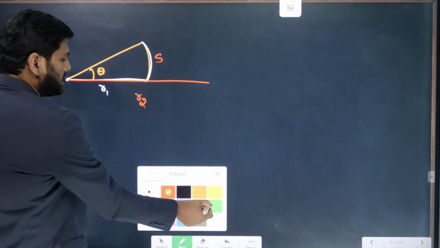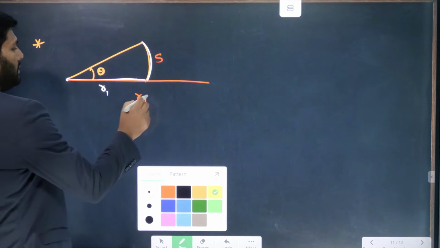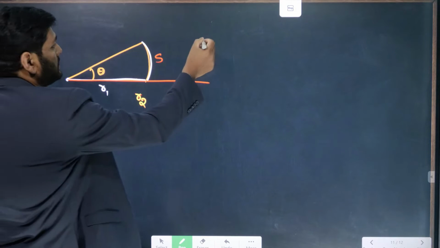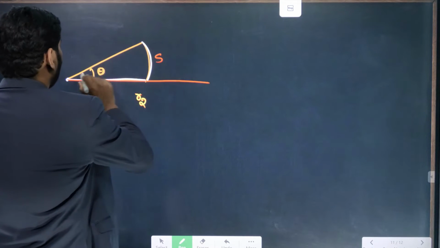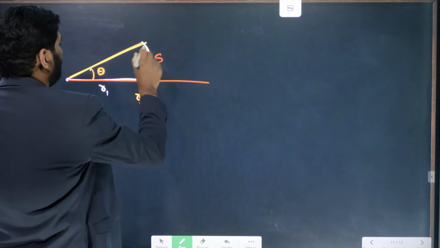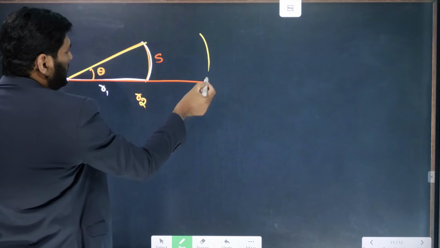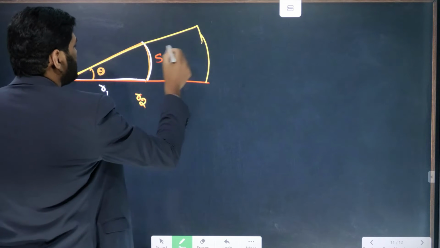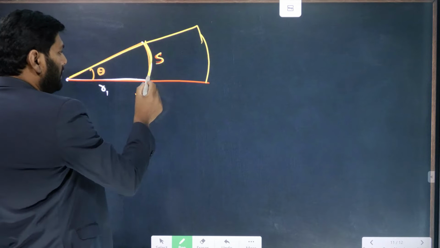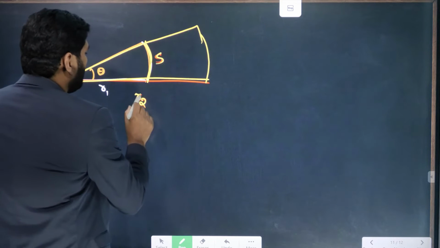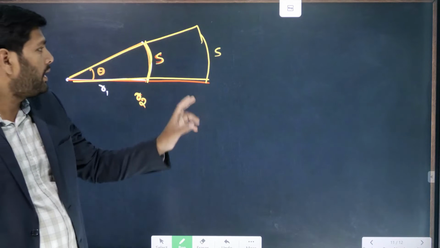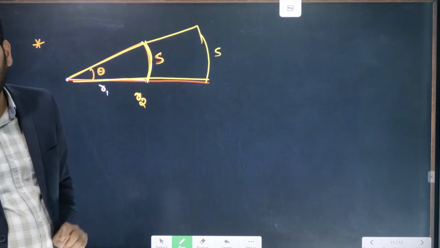When I give that angle, I take the arc length to be the same as S. When I increase the radius, the arc length also changes, but here the situation is that I am keeping the arc length constant.